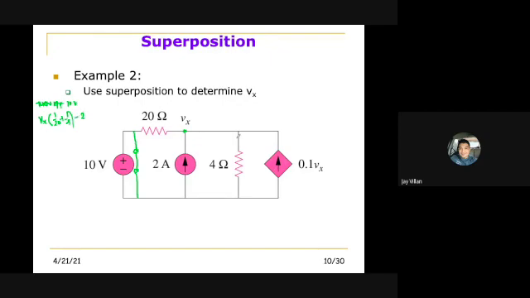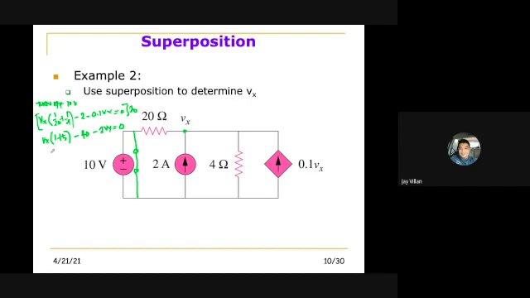Okay. Then current entering minus 2. Then this is also current entering. Then therefore, minus 0.1 Vx. Okay? No other voltage sources. And therefore, that is equals to 0. So times 20. So Vx 1 plus 5 minus 40 minus 2 Vx is equal to 0.